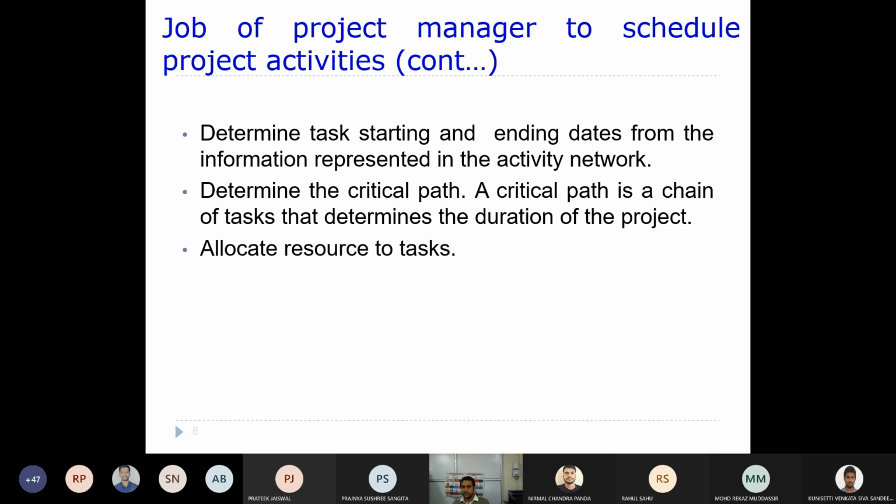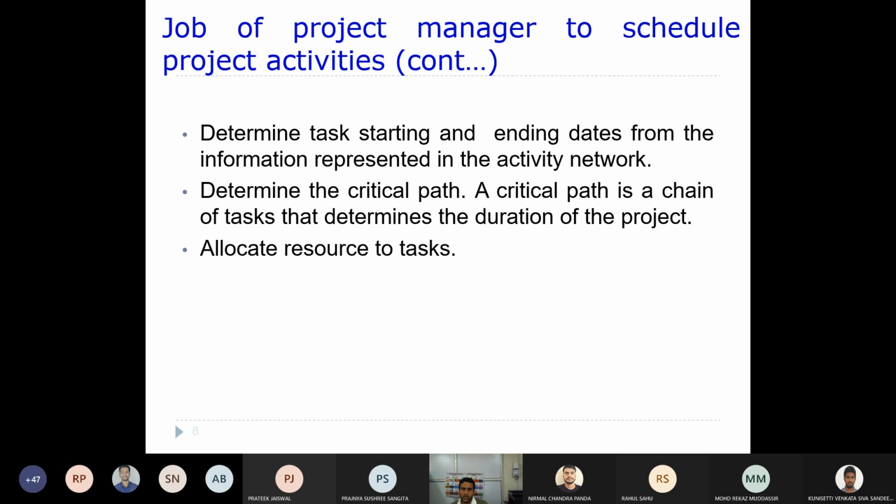So that is exactly the duration it will tell you. When you find out the critical path, accordingly you allocate resources to those tasks. Once you have found that critical path, by following that particular critical path you assign the resources. We'll talk about how to find the critical path later, maybe after a few slides.